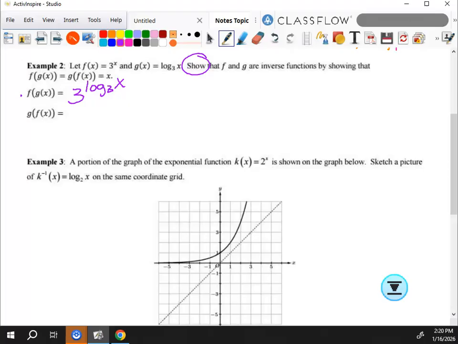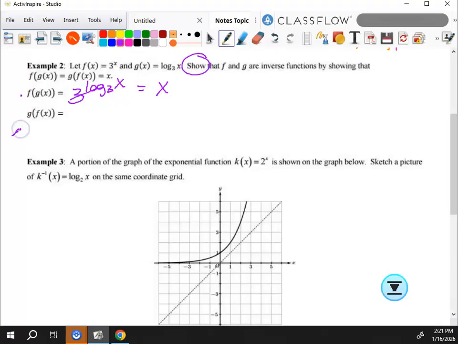If the base of the exponential and the base of the log that's in the exponent are the same, and there's nothing else going on, no number in front of the log, no number in front of 3, then these essentially cancel each other out, not the same way as division, there's math behind it, and it just equals x every time. I will show you the why behind that after we review some properties.